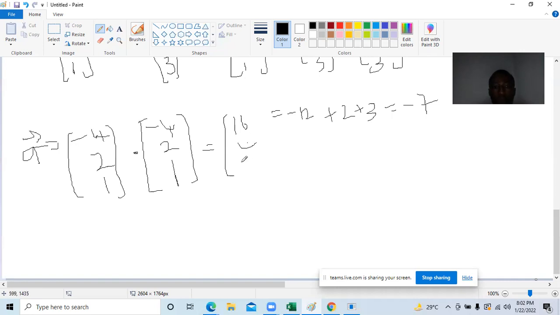And 1 times 1 is 1. So the dot product is going to be 16 plus 4 plus 1, which is 21. So this is the dot product of vector A with vector A. I hope this makes a lot of sense. So that's all for dot products.